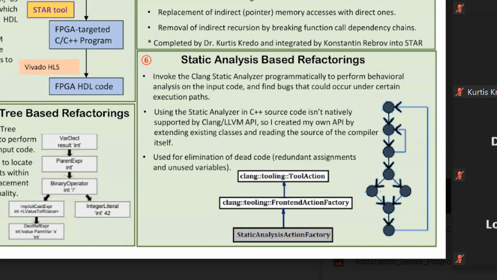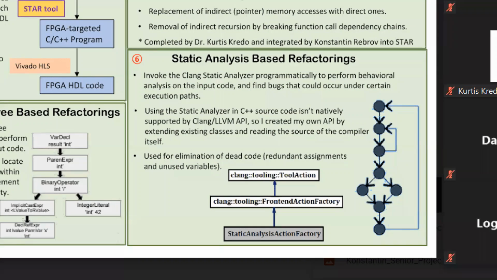Because using the static analyzer in your own C++ source code isn't natively supported by the Clang LLVM API, I created my own API by extending existing classes provided by the Clang compiler and by reading the source code of the compiler itself. Because LLVM Clang is an open source project, you can read the source code, and I found the actual place in the compiler where it invokes the static analyzer.